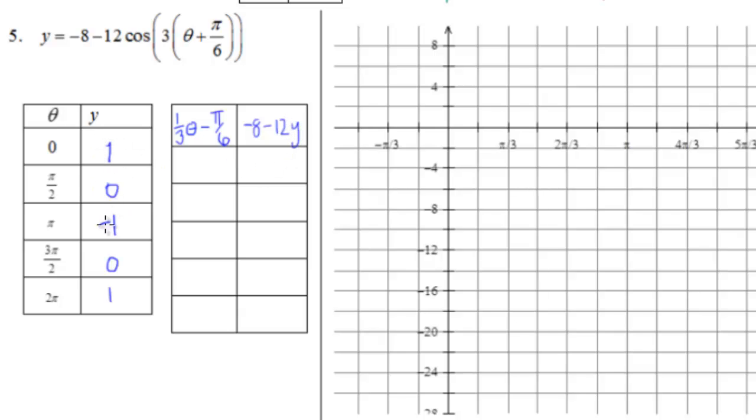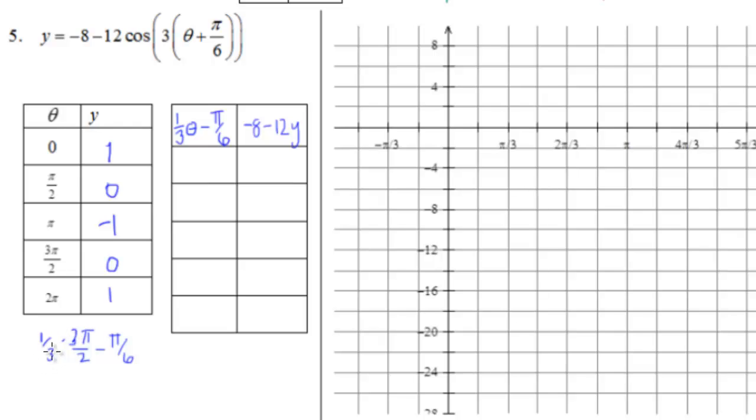And I'll take all of these values and do this to them. So just to show one of these here, if I did the 3 pi over 2, it would be 1/3 times 3 pi divided by 2 minus pi over 6. And just take your time on these.